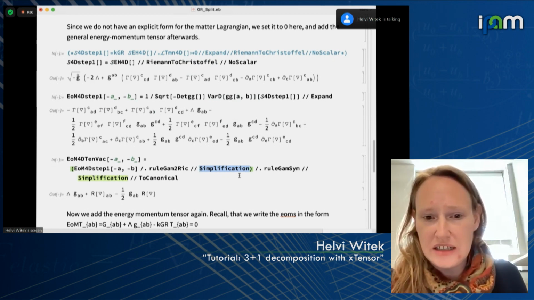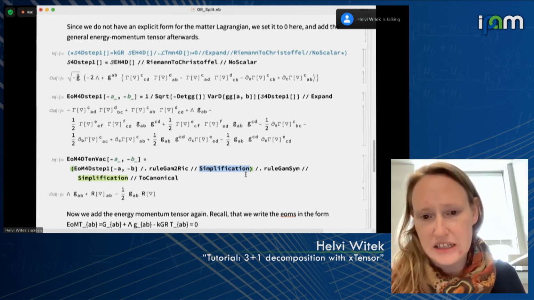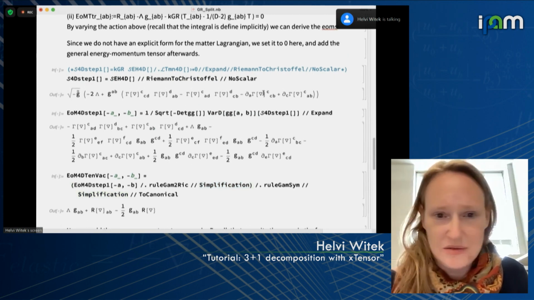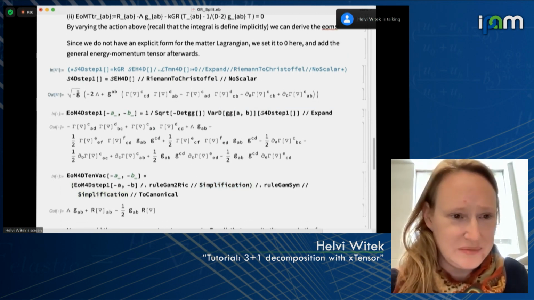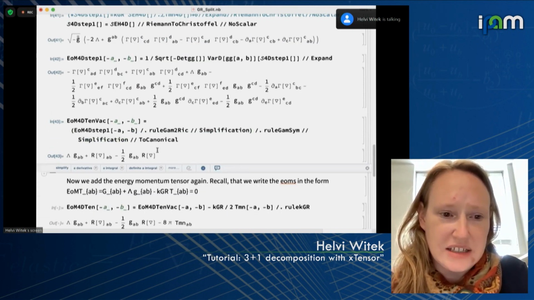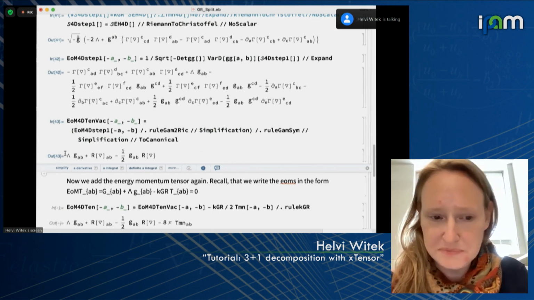Yeah, so here, this one already knows about how to simplify tensors. And if I apply this, actually I should also execute all the commands so that I'm all with you. Yeah, and then we get Einstein's equations with a cosmological constant in vacuum.